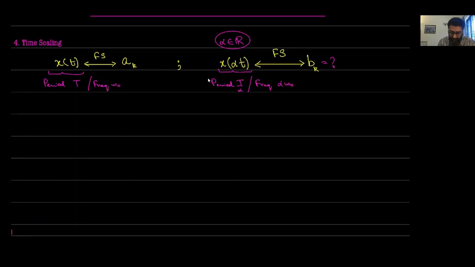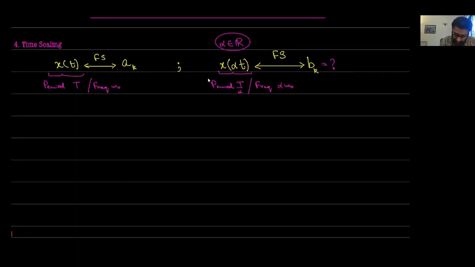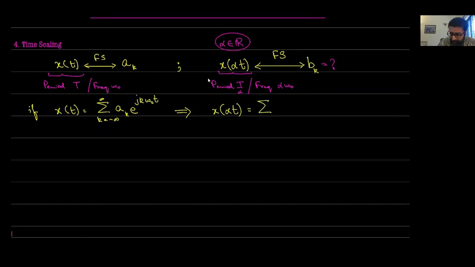So how do the Fourier series coefficients change? The way I'm going to do this is through the synthesis equation directly. I know that if x of t has a Fourier series decomposition given by the sum from k equals minus infinity to plus infinity of a sub k e raised to the power j k omega naught t, this implies that x of alpha t is going to be the same expression, except that I replace t with alpha t.